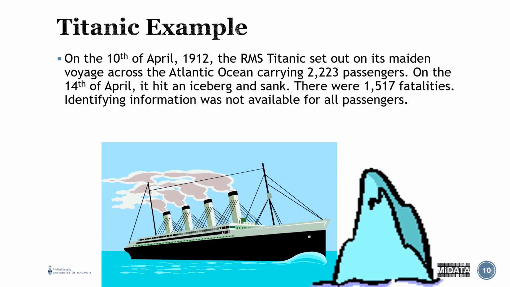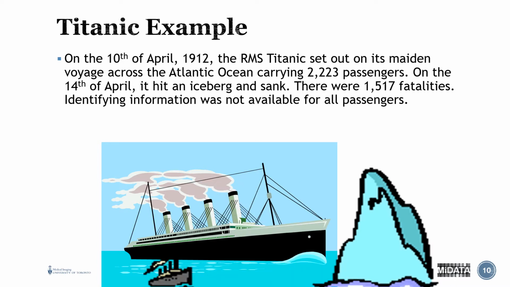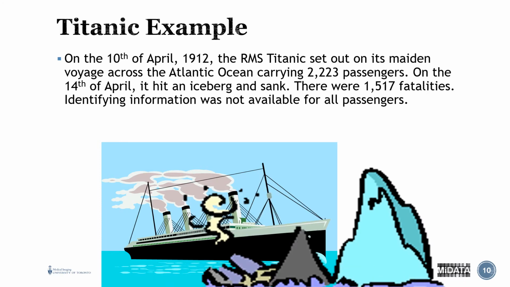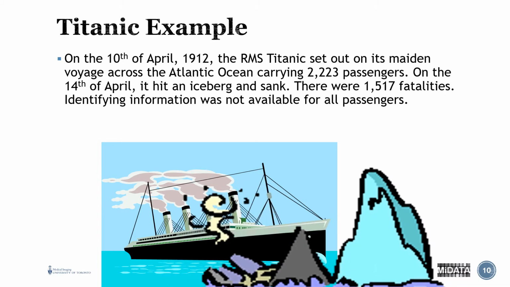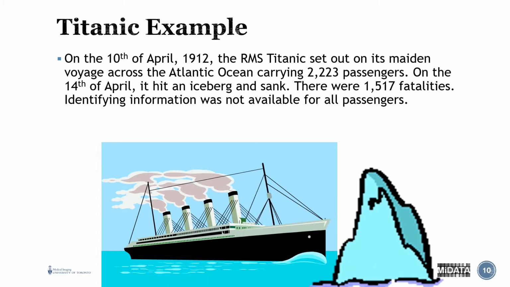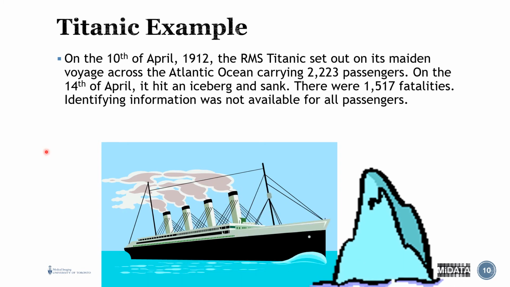On the 10th of April 1912, the RMS Titanic set out on its maiden voyage across the Atlantic Ocean carrying 2,223 passengers. On the 14th of April, it hit an iceberg and sank. Now there were 1,517 fatalities. Identifying information was not available for all passengers.